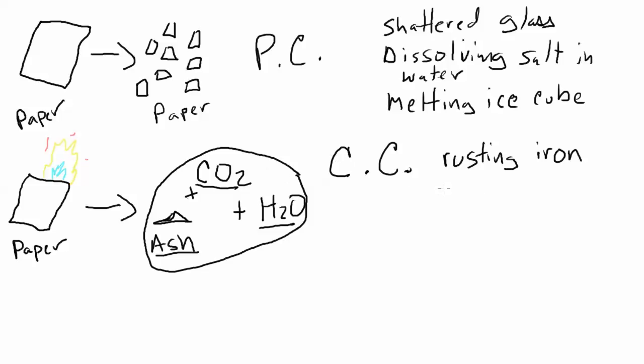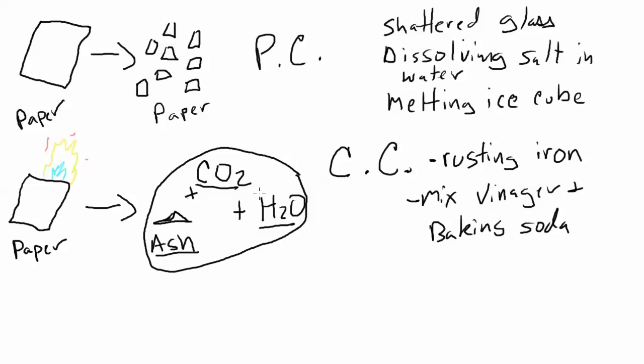Another one that you probably have done, or I know you've seen, is if you mix vinegar and baking soda. If you think about that one for a minute, you might be able to come up with the reason why you can know for a fact that when you mix vinegar and baking soda, it actually creates one or more new compounds. I'll leave you to think about that for a minute.